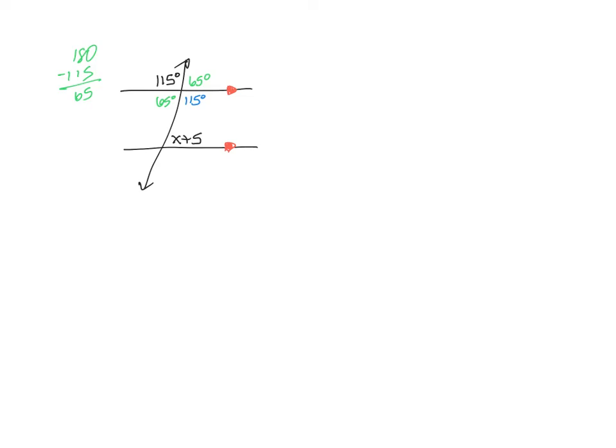Okay, so I kind of like the green one for this reason. That and that are now alternate interior angles, and alternate interior angles are congruent, so they're equal. And it just creates an easier problem to solve.